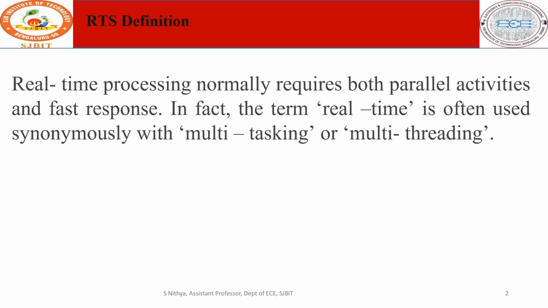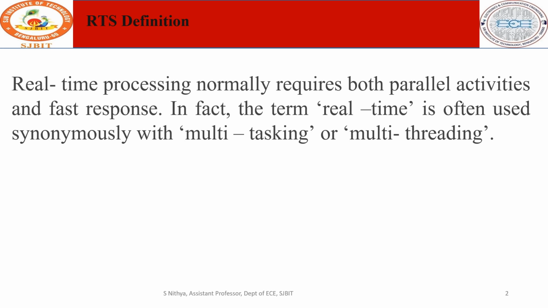What are the definitions for real-time systems? Real-time processing normally requires both parallel activities and fast responses. In fact, the term real-time is often used synonymously with multitasking and multi-threading.